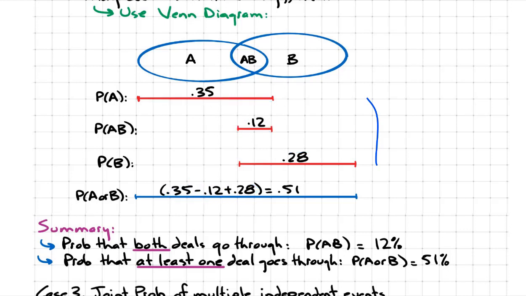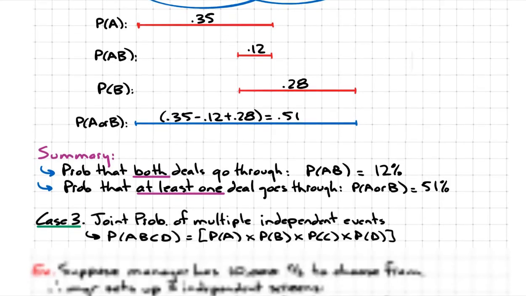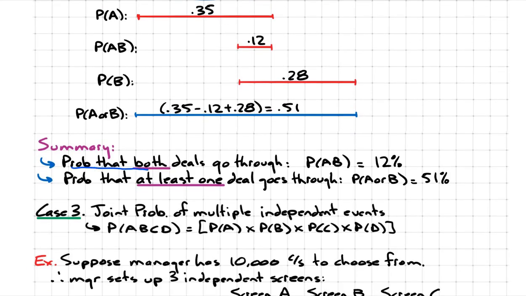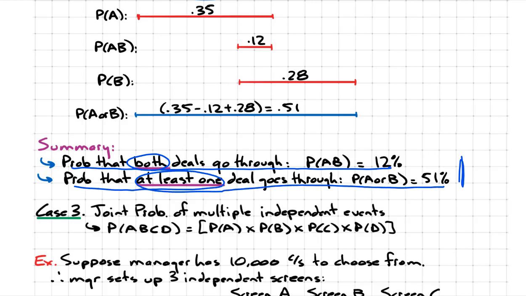So if you add up all those segments, you get 51%. And let's have a look at the summary here. The probability that both deals will go through is 12%. And I'm just putting this here so we don't mix up all these different interpretations. However, the probability that at least one deal will go through is 51%.